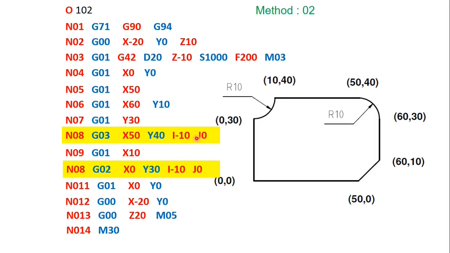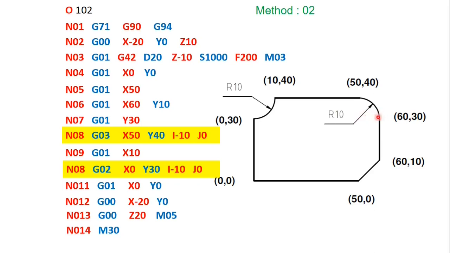in the X direction. Similarly J is the distance in the Y direction, and if you have K, then it is in the Z direction. In this case, the starting point is this one, the center of the circle is this one. So I have to check the distance moving from the start to the end.